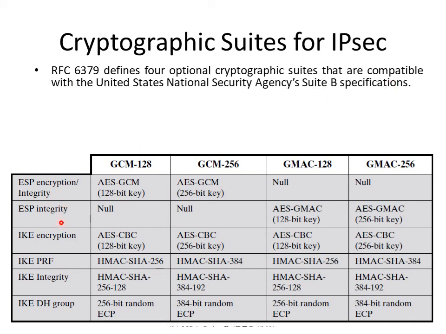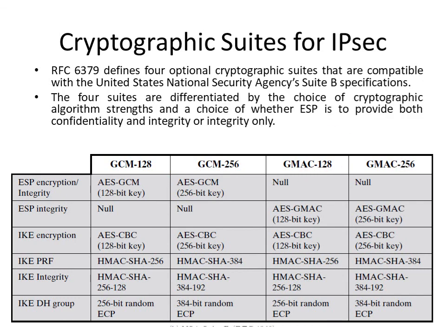For the different requirements, we have different algorithms, and these are the four cryptographic suites that are available to us: GCM-128, GCM-256, GMAC-128, GMAC-256. The four suites are differentiated by the choice of cryptographic algorithms, that is, which cryptographic algorithm they are using.